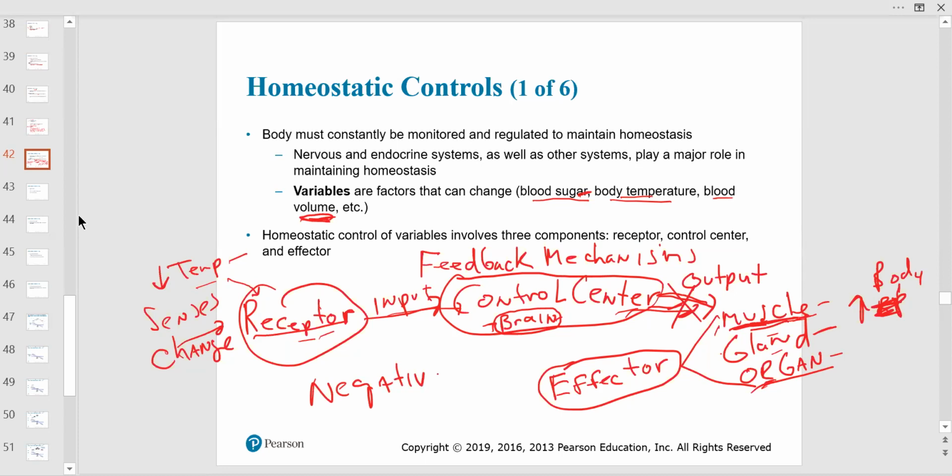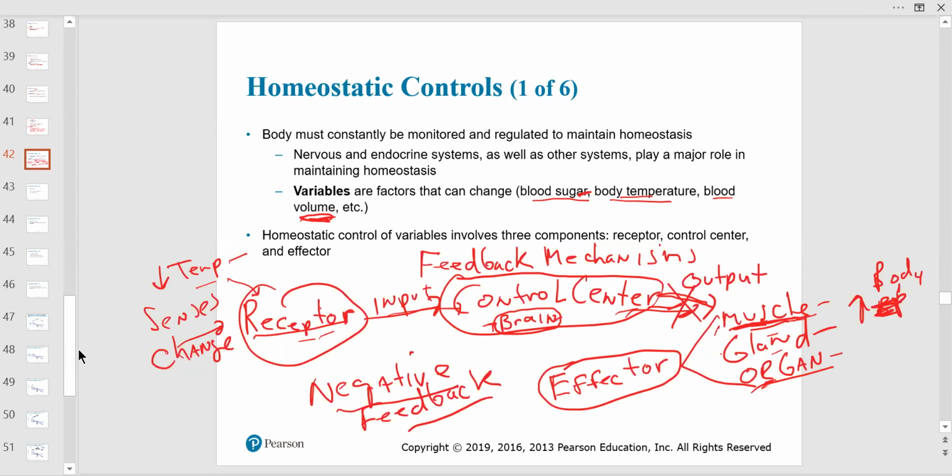So I'll tell you this. Almost all of these, I think all of these, body temp, blood pressure, heart rate, are negative feedback systems. So they won't go out of homeostatic range, and that's what keeps it. Of course, if they do, and they do a lot, especially with blood pressure, a lot of people have hypertension, which is increased blood pressure at rest all the time.